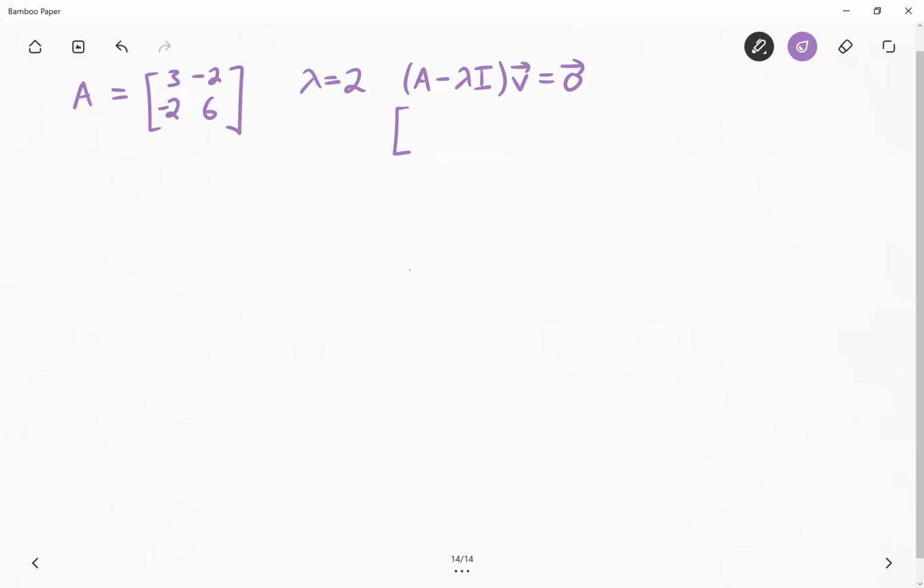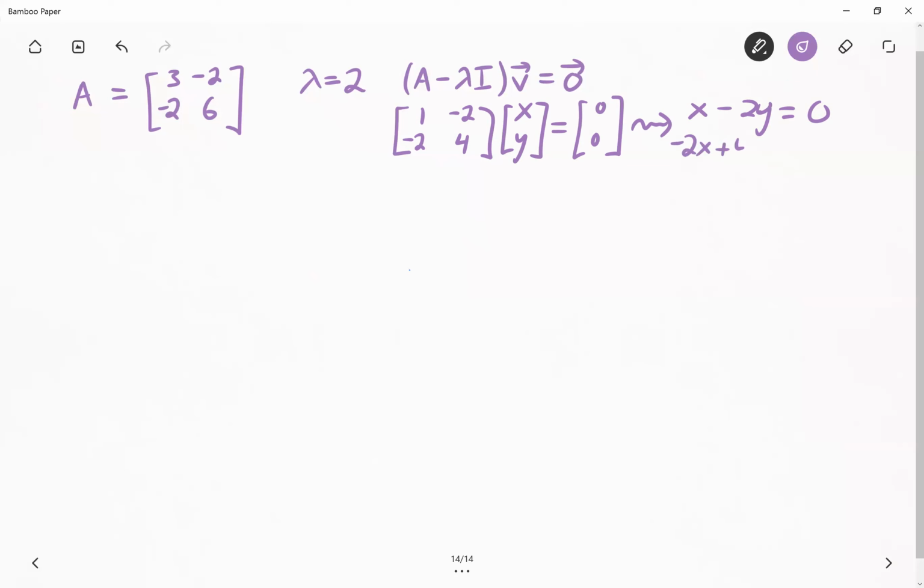All right, so subtracting 2 from the diagonal entries, we have [1, -2; -2, 4] times [x; y] equal to [0; 0]. As always, we have a redundant set of equations. We have x minus 2y equals 0, and minus 2x plus 4y is equal to 0.